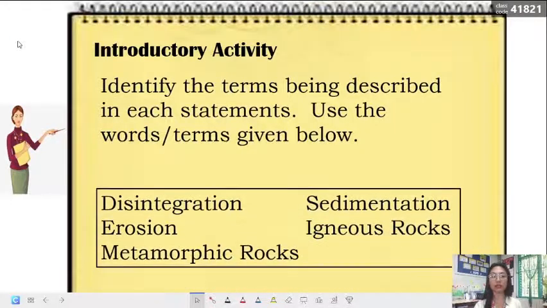Please take note of these terms: disintegration, erosion, metamorphic rocks, sedimentation, and igneous rocks. In answering, you may pause the video to have time to think and write. For this activity, I will just give you 3 minutes.